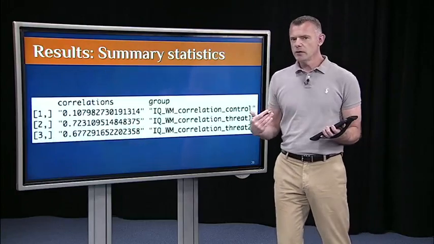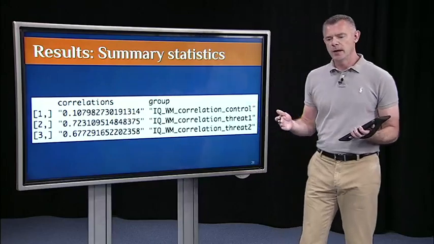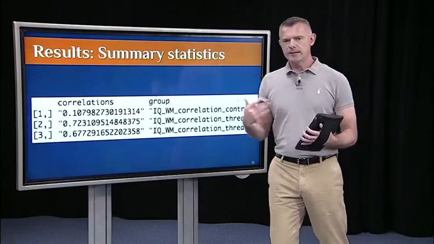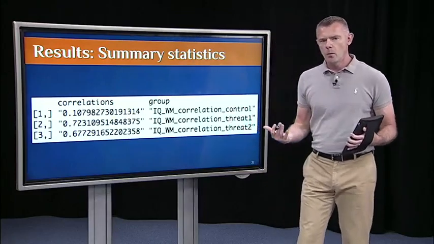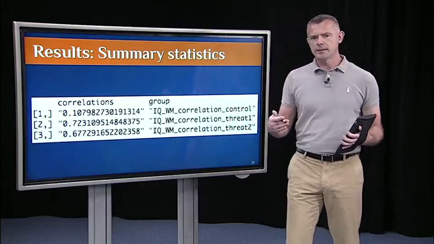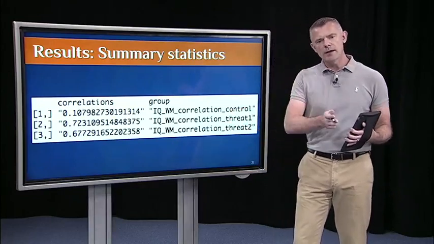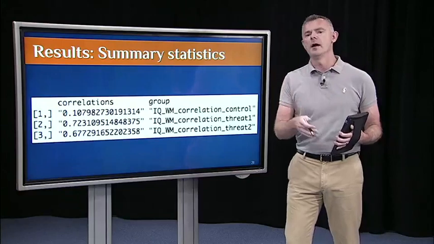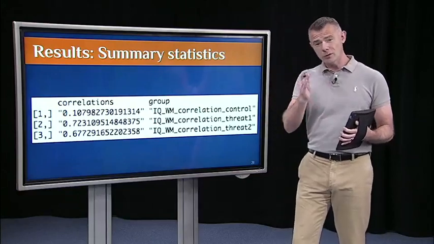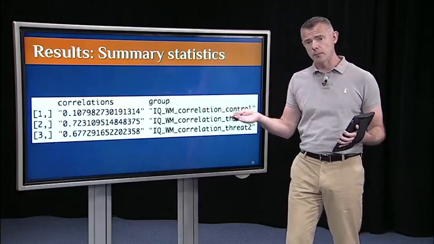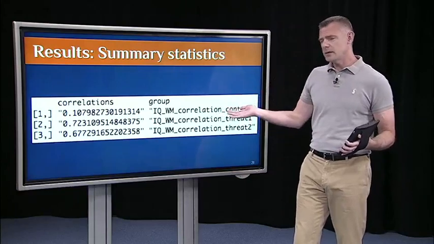It's also important to look at the correlations by group, because I didn't really set up moderation this way, but what a moderation predicts is that the correlation between X and Y, between the predictor and the outcome, will change as a function of group. So that's exactly what we see.